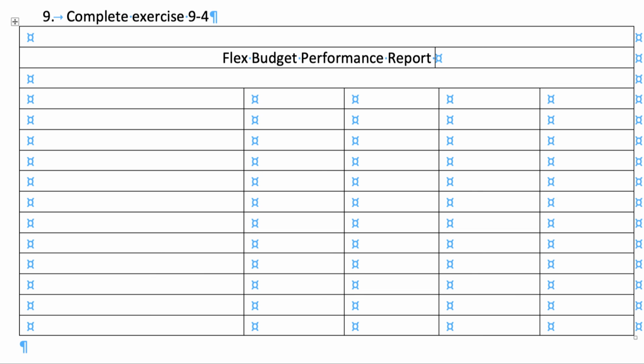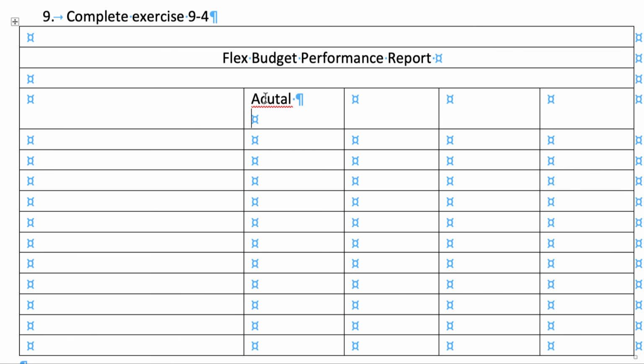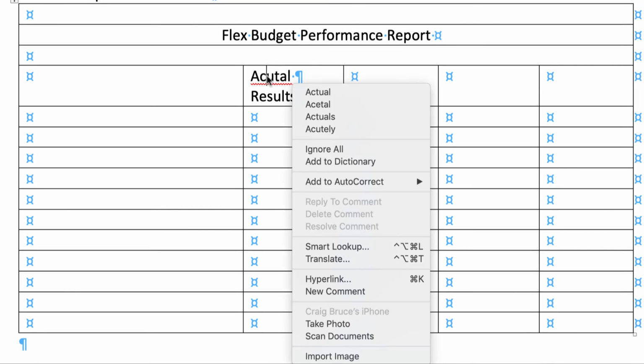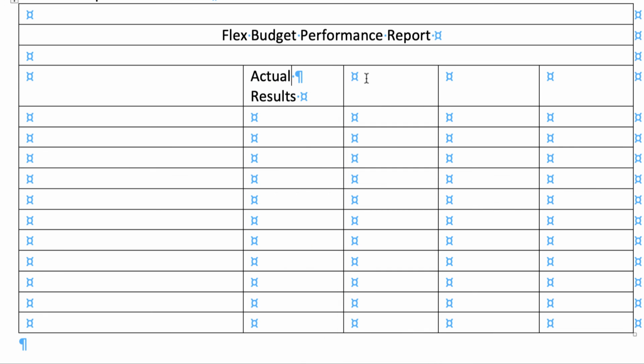We always start with our actual results. And the first variance that we want to figure out is our revenue and spending variance.